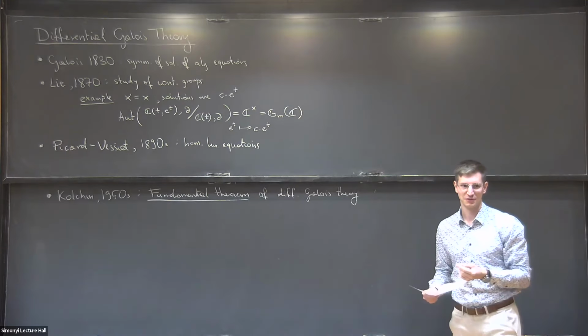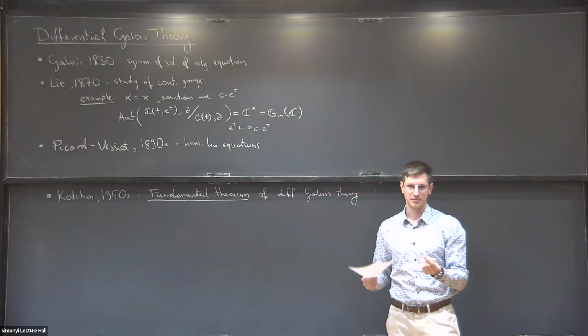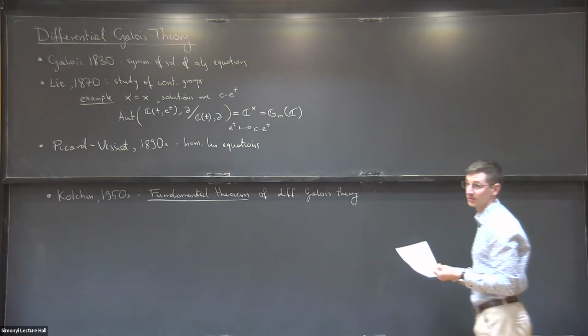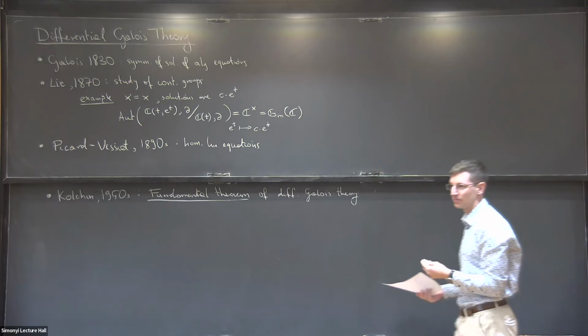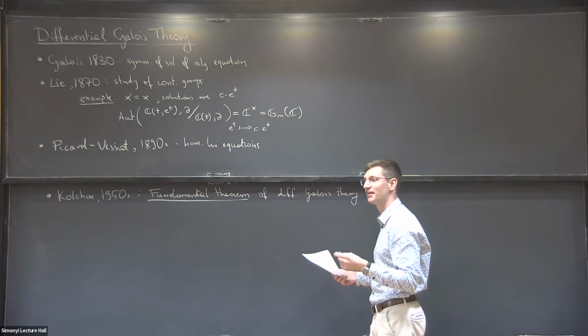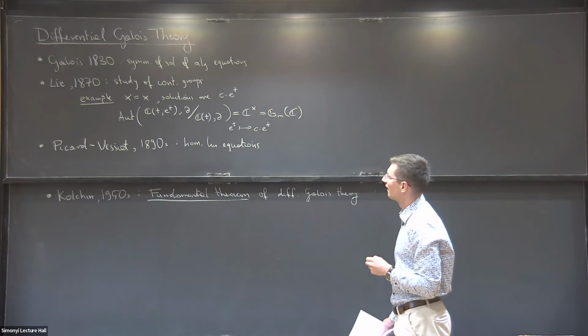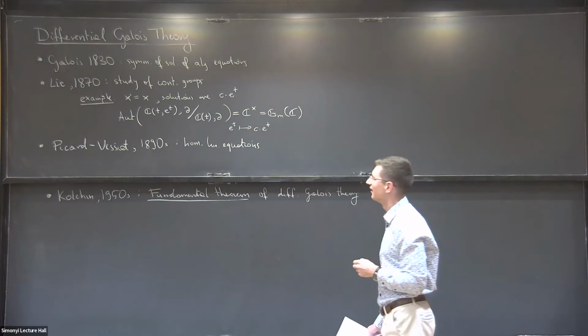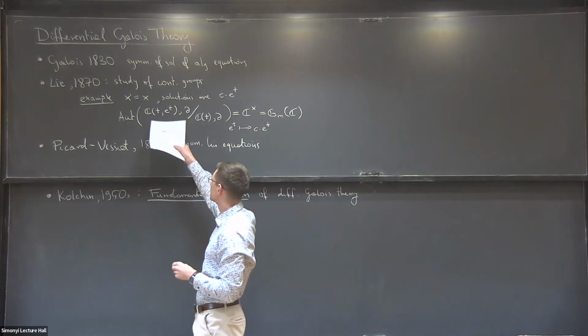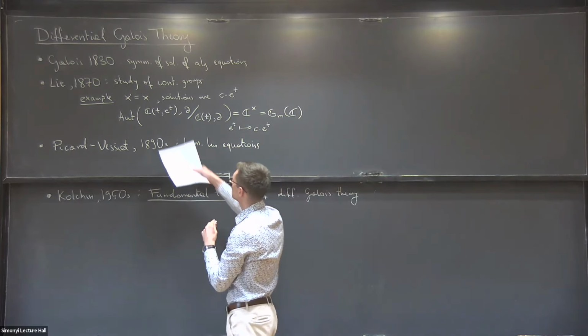Galois theory has the fundamental theorem providing an isomorphism between lattices of intermediate subfields and subgroups. Yeah, sorry, really basic question. What do you mean by automorphisms of C(t, e^t) with the derivation? Yeah, so I will say it more precisely, but here, this is a field.